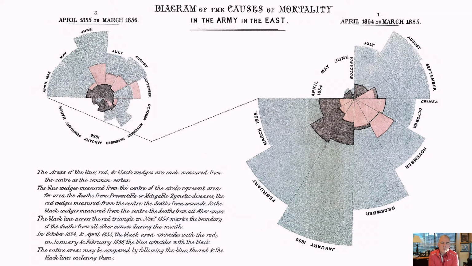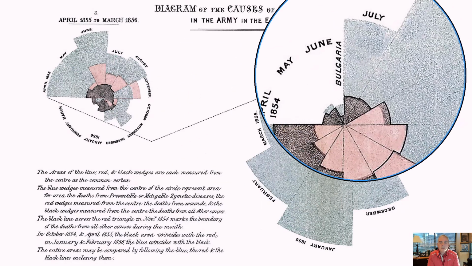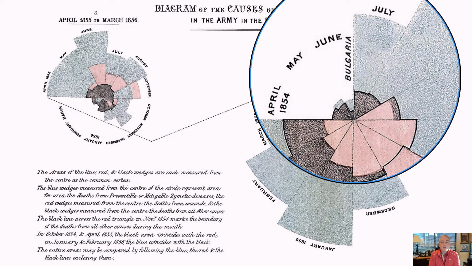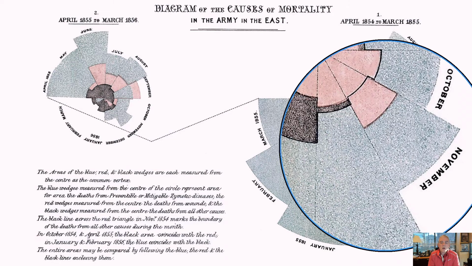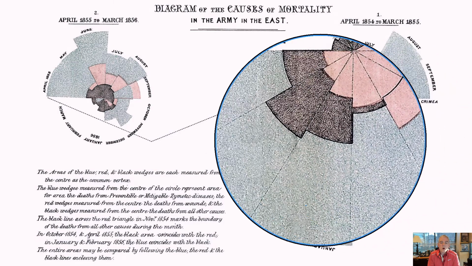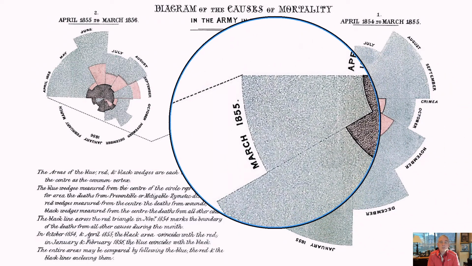In her original chart, what I find interesting about this is the cyclical nature of the data. It's charting data that is in a pattern of months. And she starts the data collection in July of what you see, 1854, on the right-hand side. And up here, you'll see it starting there and goes around the circle, July to August and September and so on, until it reaches the March of 1855.